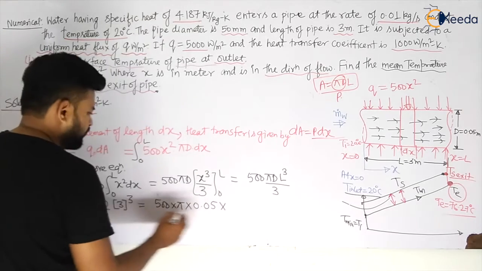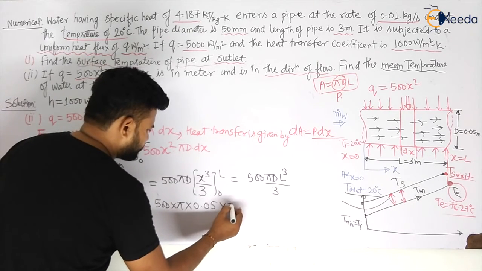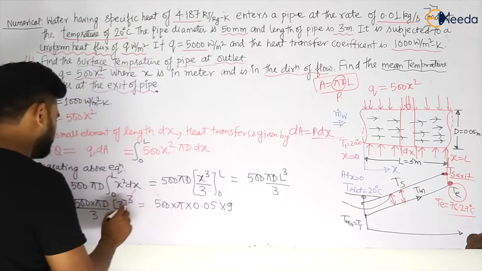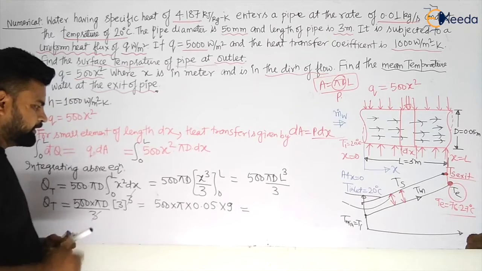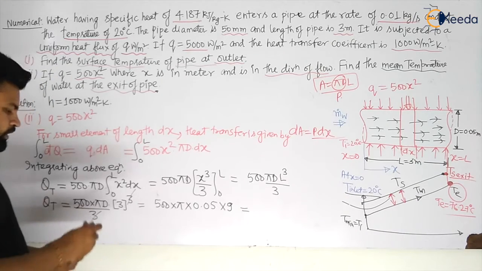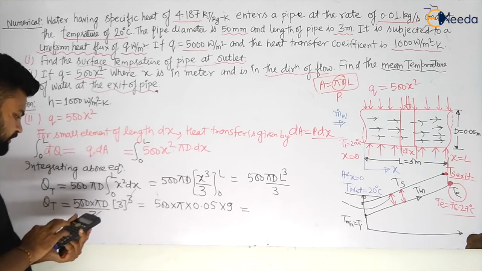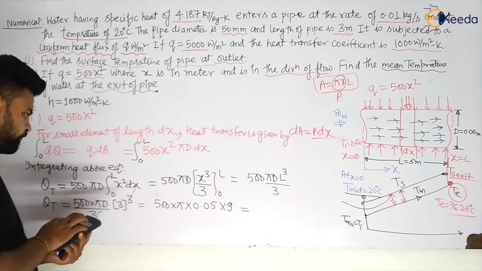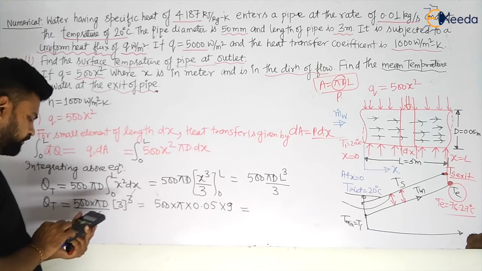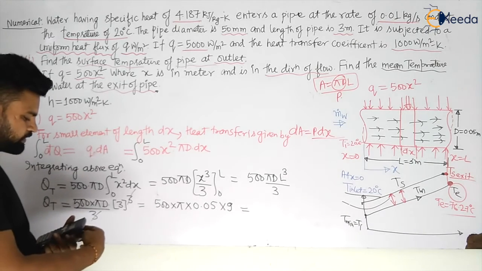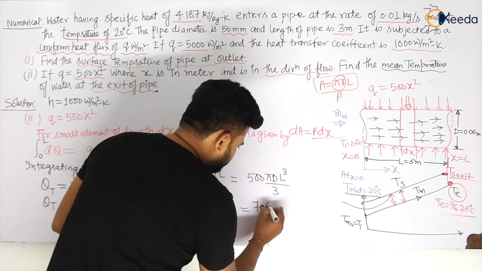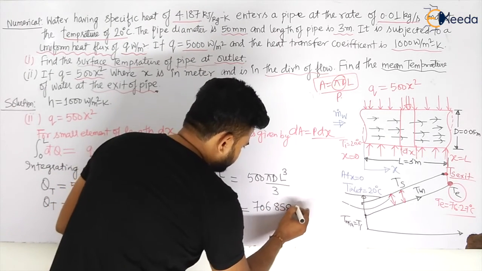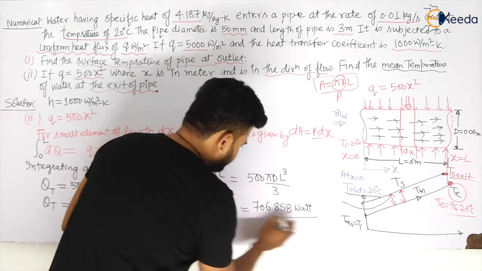Pi d multiplied by 3 square, which is 9, because one 3 and one 3 cancel easily. So the total heat transfer in this case will be 500 into pi into 0.05 into 9, and this will be 706.858 watt. That will be the total heat.